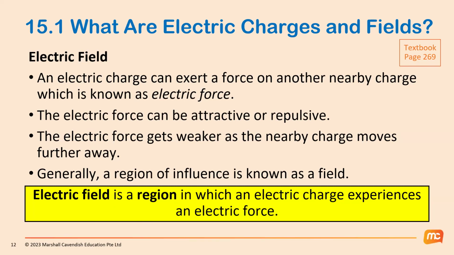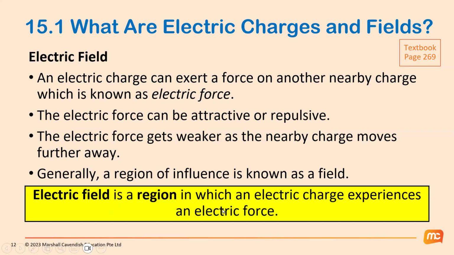Okay, so recap a little bit again, you need to know the different fields. So far you have learned about the gravitational field. So all of them are regions. So a gravitational field is a region where a mass experiences a gravitational force. An electric field is a region where an electric charge experiences an electric force.